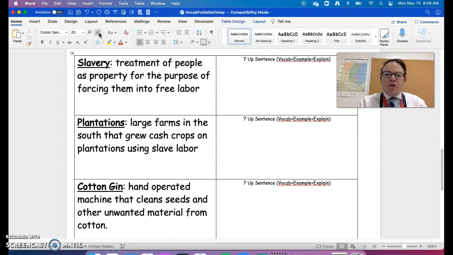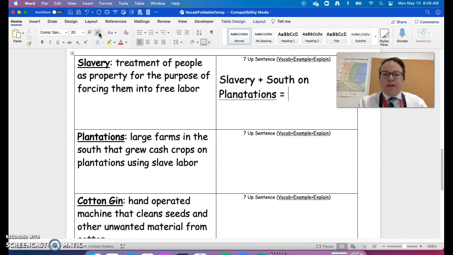All right. So for my vocabulary word, I may have slavery. I could use slaves. Either one of those will work. My example, where is this typically happening? It's typically happening in the South, on plantations. And if we look at the definition for plantations, it's also going to mention cash crops.